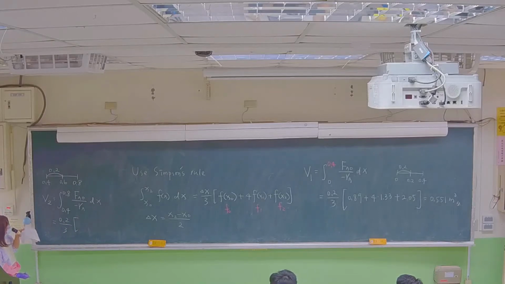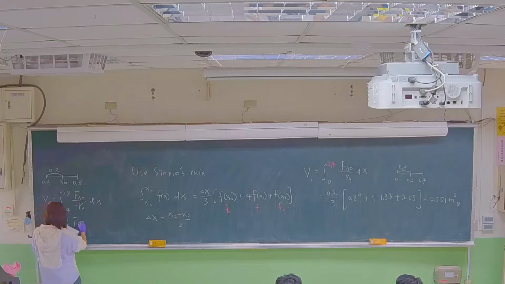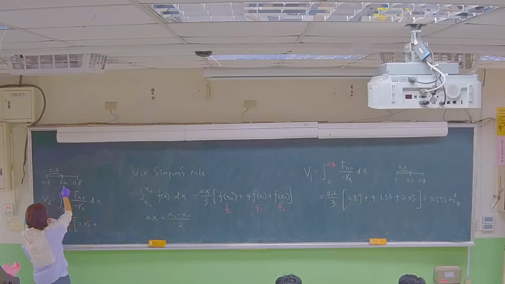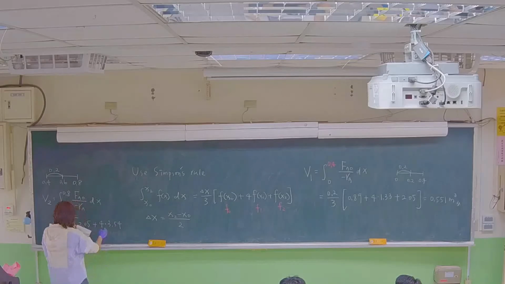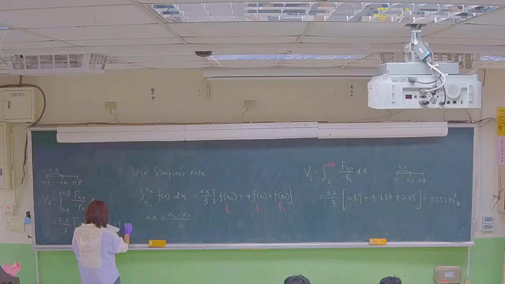F of x at 0.4, right? The first point, 2.05. Second one, x equal to 0.6. F of x is equal to 3. Okay. The last one, x equal to 0.8.